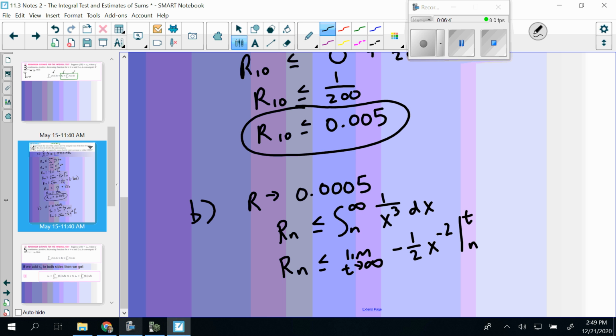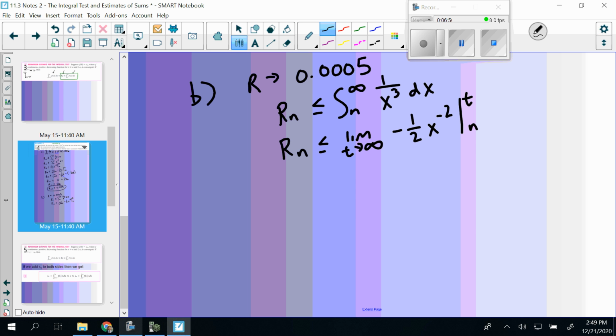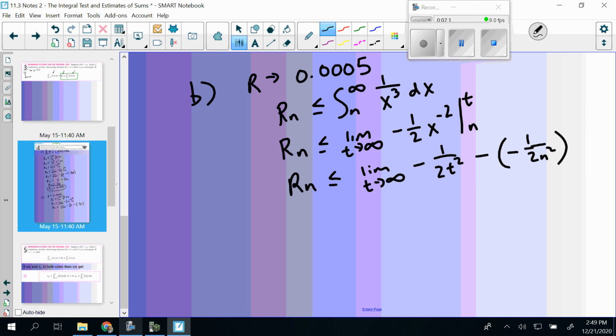Okay, so now if we plug in those values, what we're going to end up with is that R of n here is going to be less than or equal to the limit as t goes to infinity of this, and just like before, this is going to be 0, and that's positive. So what we end up with is that R of n is going to be less than or equal to 1 over 2n squared.